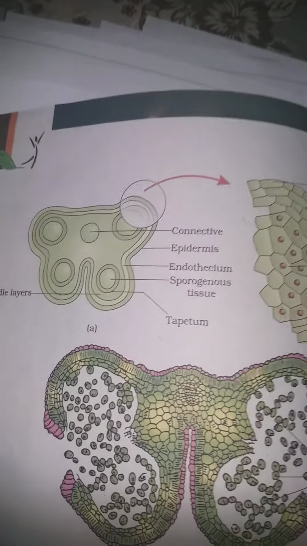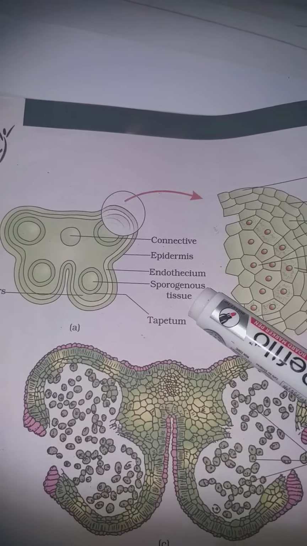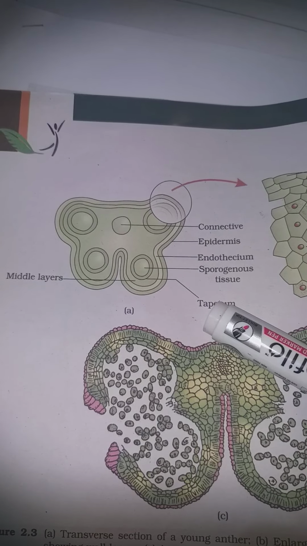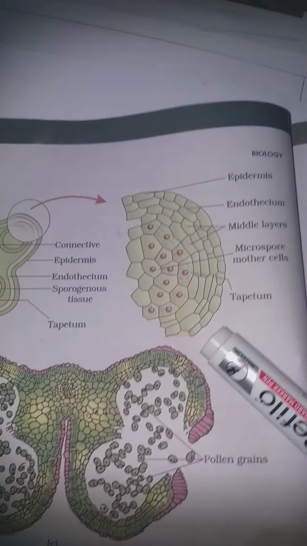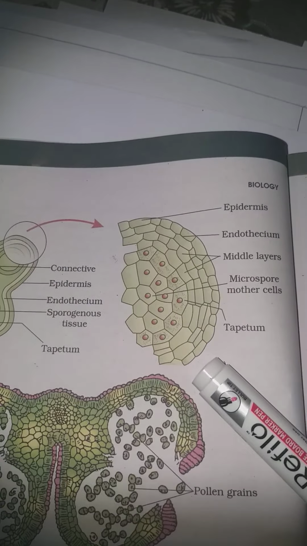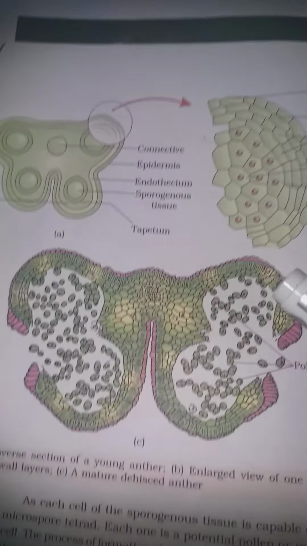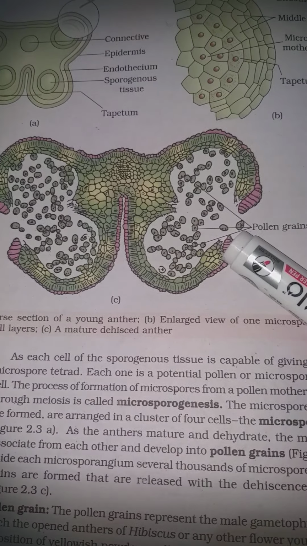Here you see the outer layer, I already said it is the epidermis, then the endothecium, then the middle layer, then comes the tapetum, and inside the sporogenous tissue with the microspore mother cells. These microspore mother cells undergo meiosis.